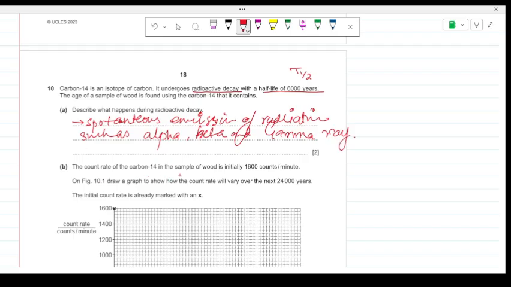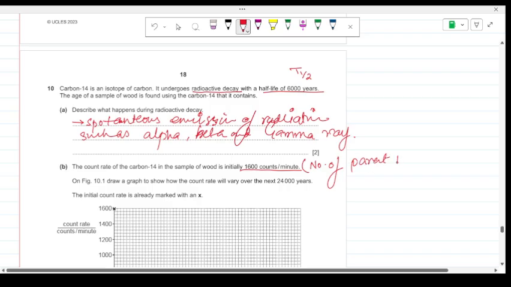The count rate of the carbon 14 in the sample of wood is initially 1600 counts per minute. So we have the number of parent nuclei present initially.